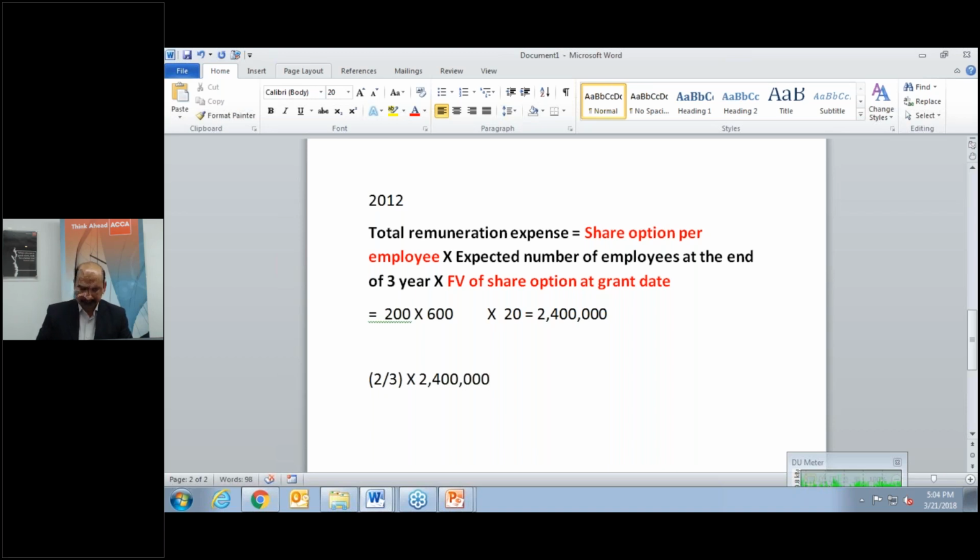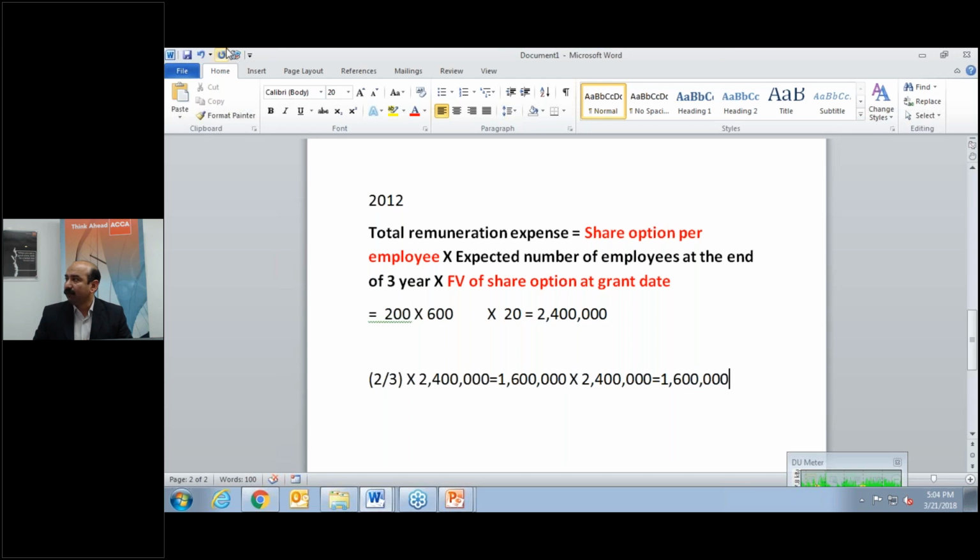This will give us how much? 1,600,000. So this is the total amount which should have been recognized till 31st December 2012.